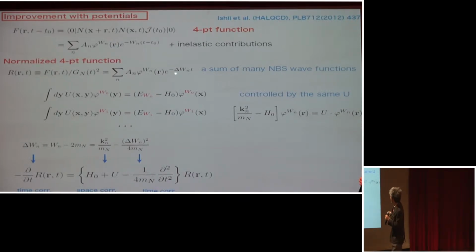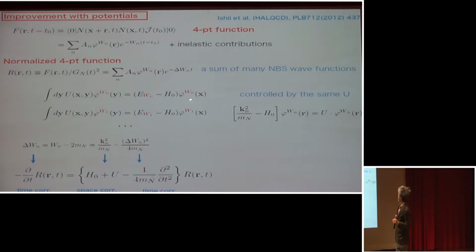Therefore, only differences appear, this delta W_n, and delta W_n is energy minus 2m_N. So it's kind of the excitation energy from the threshold.